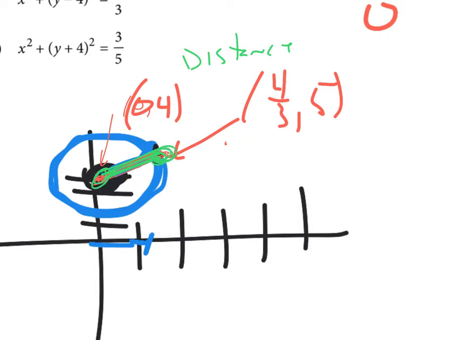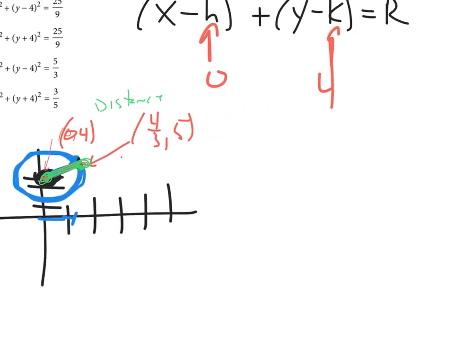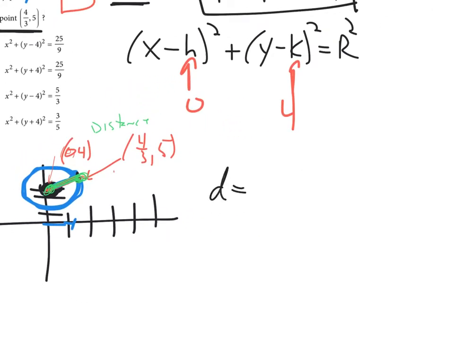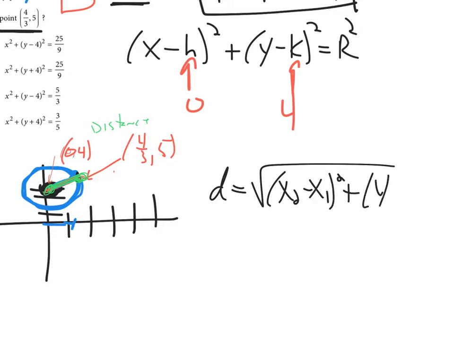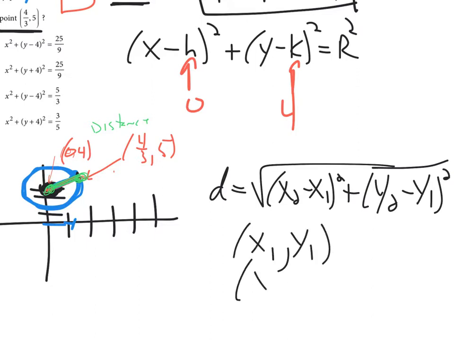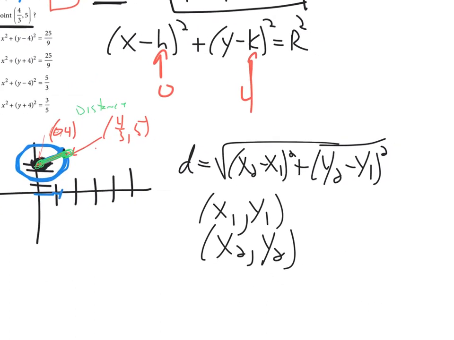Because if I can figure that out, that's going to be the radius of the circle. So here the distance formula is the square root of x2 minus x1 squared plus y2 minus y1 squared. Remember, you call one point x1, y1, and you call the other point x2, y2. It doesn't matter which is which. So here I'll call my center x1, y1.